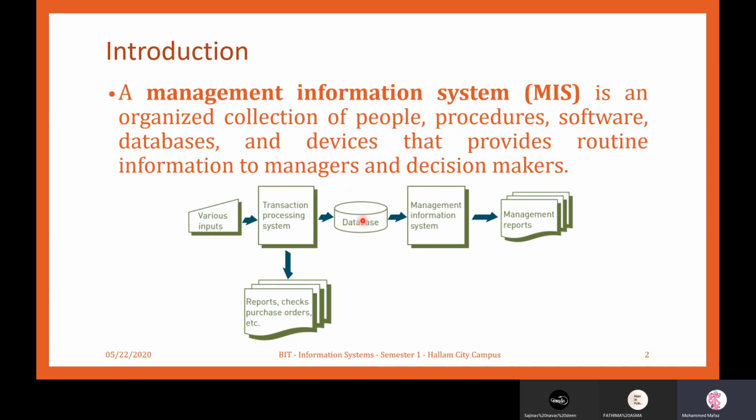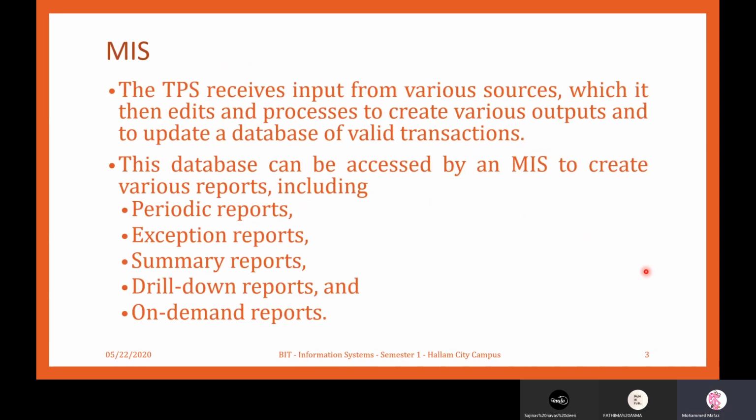Once you have information in the database, that can be fed into the MIS systems, and from there you can generate some reports. So the TPS receives input from various sources, which it then edits and processes to create various outputs and to update a database of valid transactions.